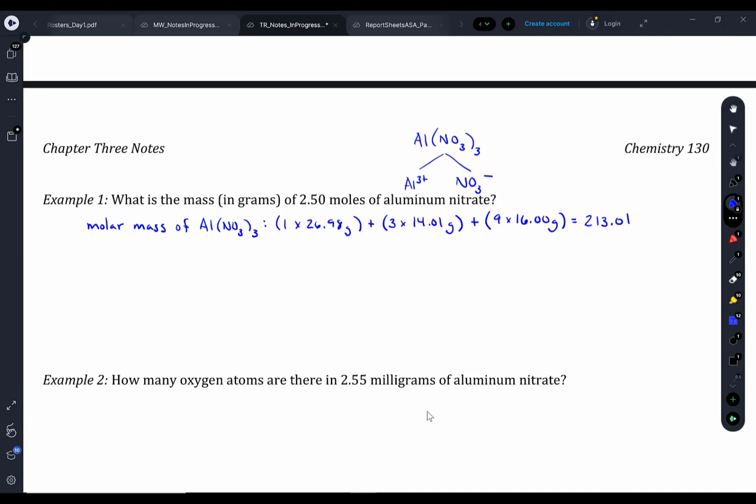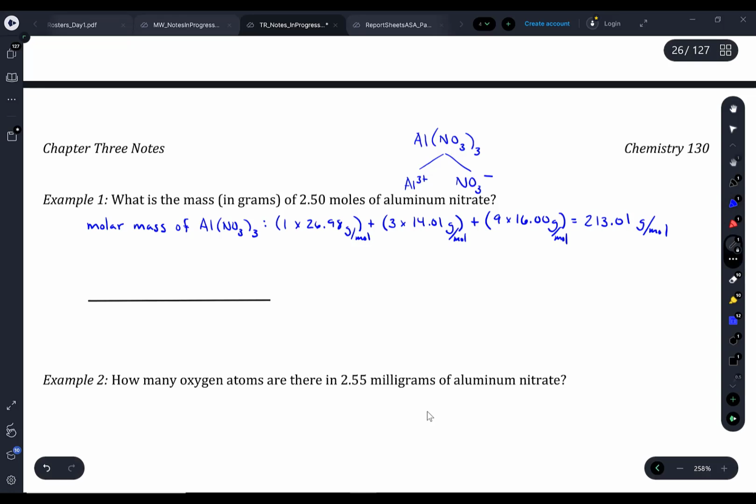I should have really written grams per mole. So 1 mole of aluminum nitrate has a mass of 213.01 grams. So to find the mass of 2.50 moles, very easy. We're going to say, all right, you're given 2.50 moles of aluminum nitrate.